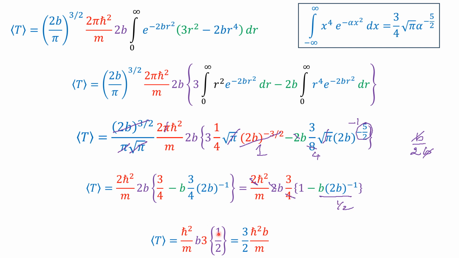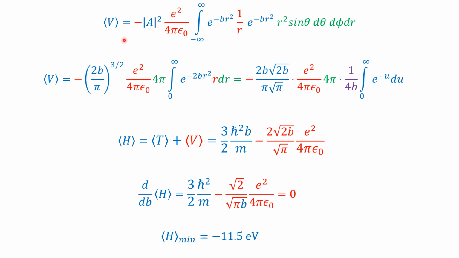Inside the bracket you will get 1 over 2, and this 4 will get cancelled. You will get only h cross squared over m into p into 3. So inside the bracket it is a half. So 3 multiplied by a half is 3 by 2 h cross squared p over m. So we got the expectation value of the kinetic energy.